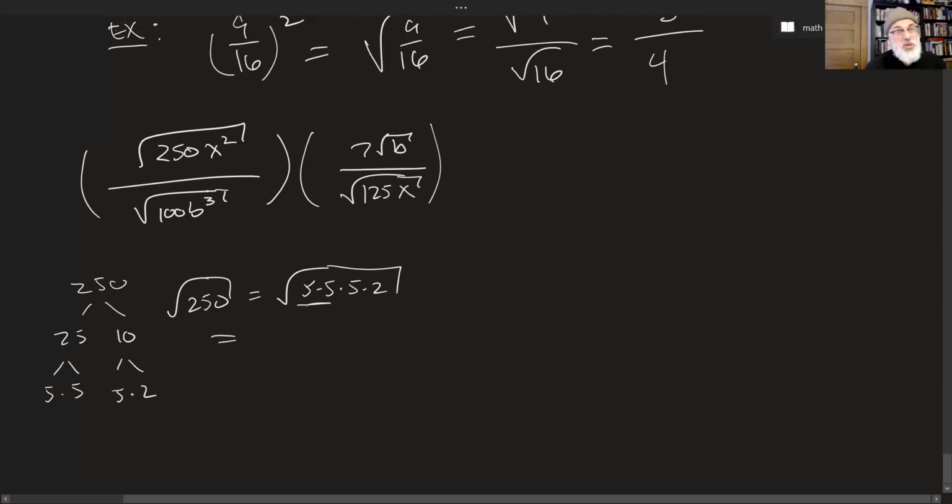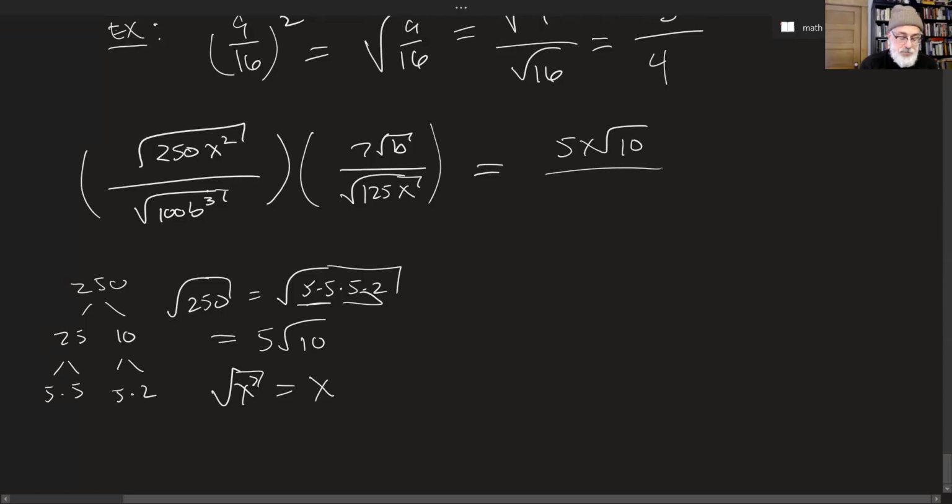Now it's a square root, so I just need 2 and bring out the 5, but then I have this left. So this actually simplifies to 5 square root of 10. And the square root of x squared is x. So 5x square root of 10 is the numerator.